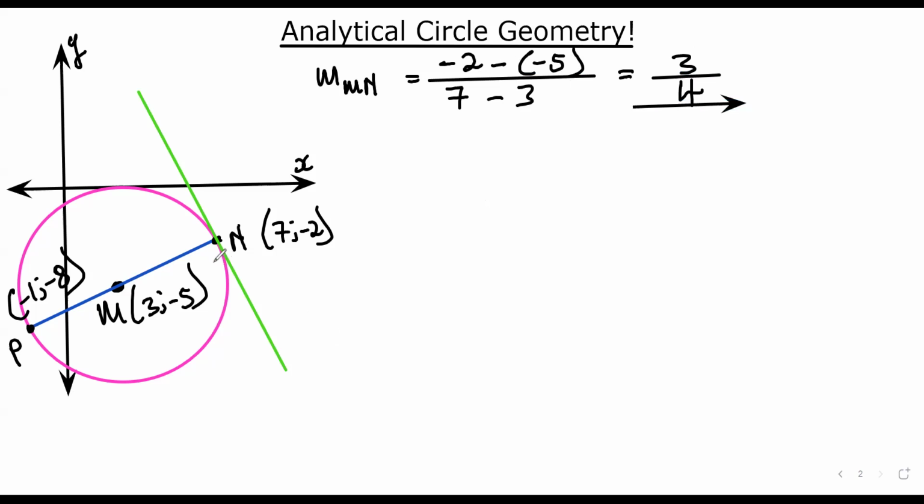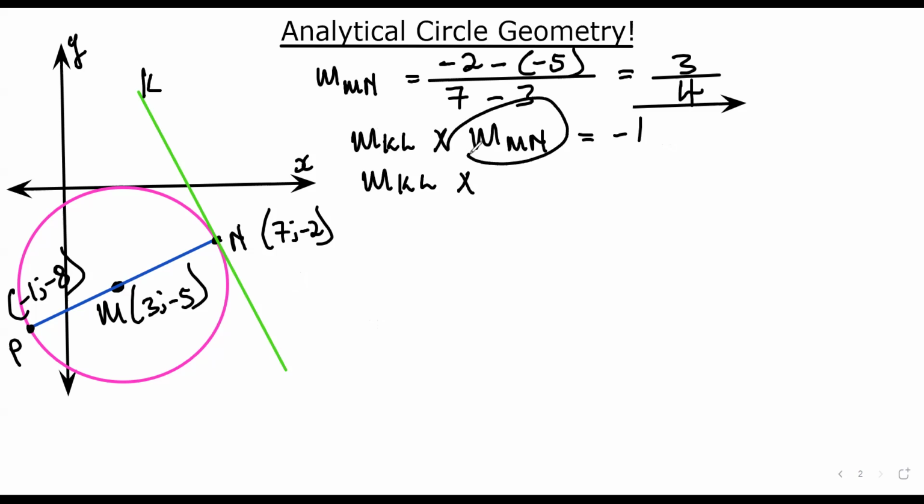Well, that's fine. But now, since we understand that if we take the gradient of the tangent, and then we multiply it by the gradient of the radius, the answer has to give us -1. But the question is, what is the gradient of KL? Well, it's the one we are looking for. And what is the gradient of the radius? Well, it's 3/4.